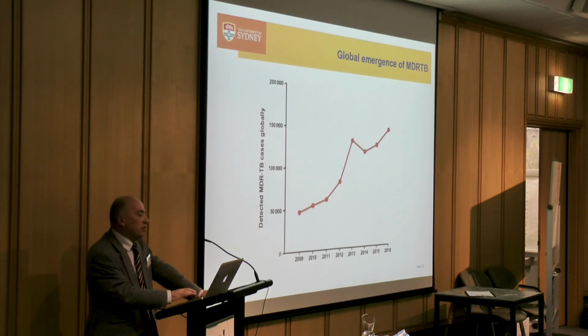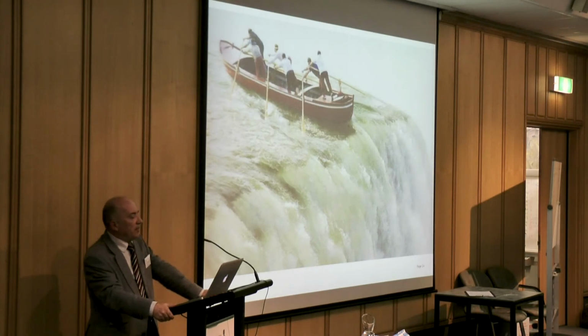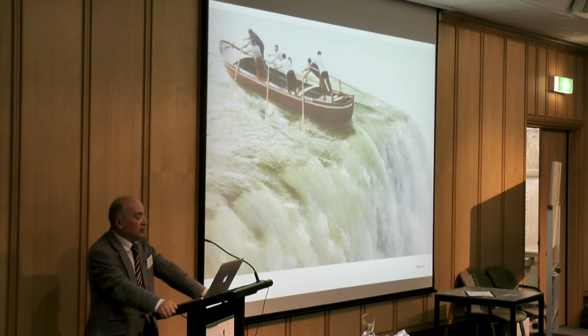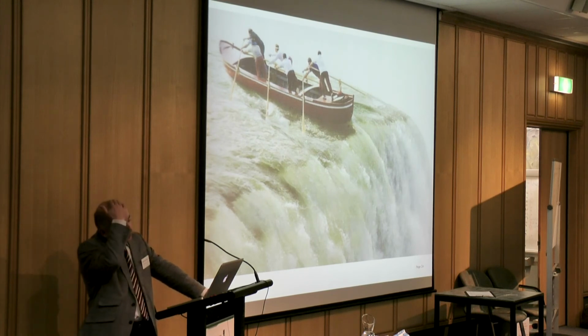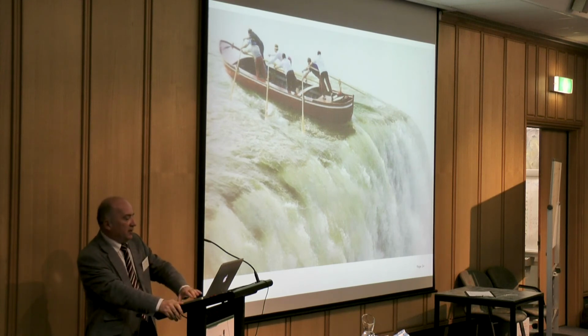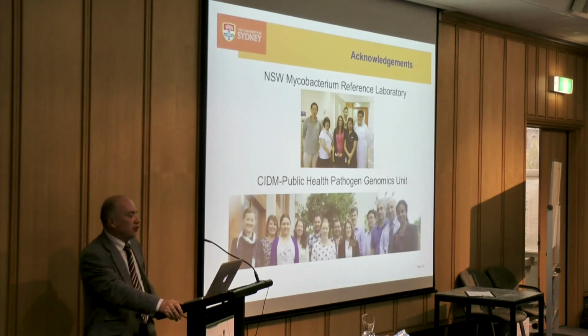So we will see more and more of these very difficult to treat cases, and from a data management point of view, we're in a very interesting position for researchers, maybe a very challenging position for TB control managers and for clinicians. But I think it would create very powerful synergy and would deliver very exciting research results.